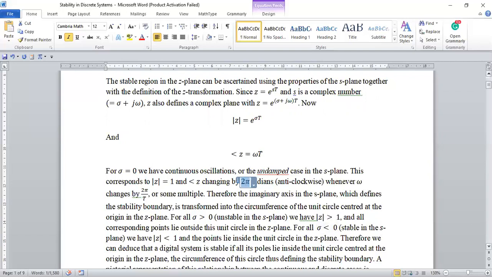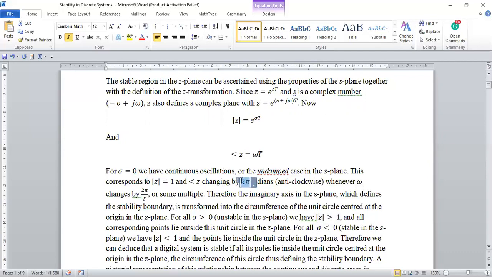So for the Z-plane, for stability, we want to make sure that the modulus of z is equal to 1 and the angle is also 2 pi.